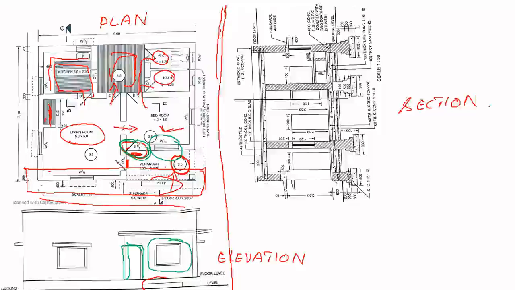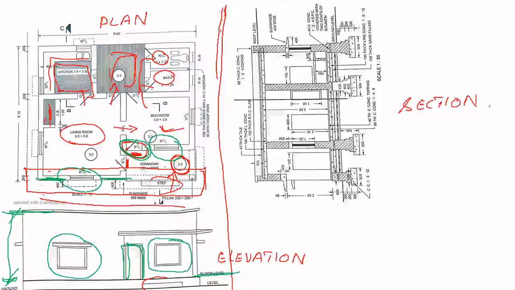Right? Now, coming to this side, you have the wall here. Here, see, this is the wall. This is wall, and you can see this window from the front in the elevation. So, this window is marked here. Now, this is your height of the building, and this is your roof level, and this is your floor level.